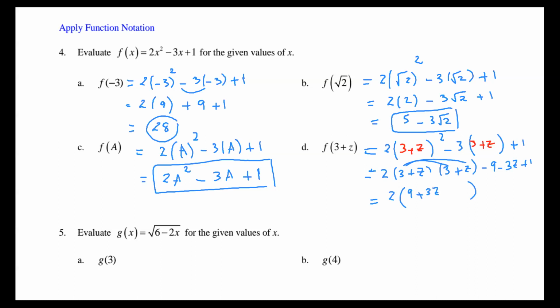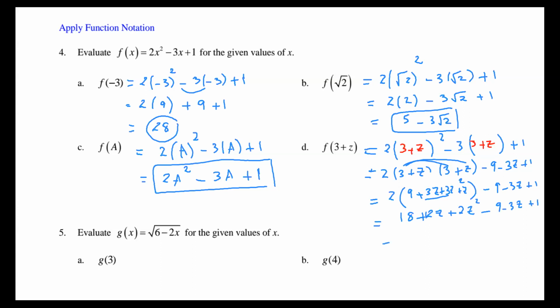3z plus 3z plus z squared, minus 9 minus 3z plus 1, and distribute and collect the like terms. So we get 18 plus 12z. The 3z plus 3z is 6z, plus 2z squared minus 9 minus 3z plus 1.